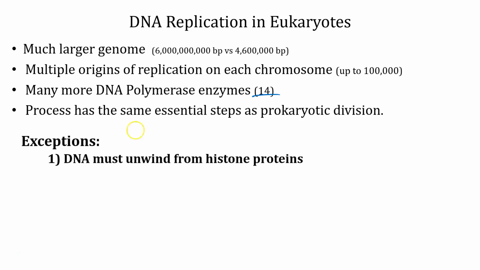One, the first thing that needs to happen in eukaryotes is that DNA has to unwind from the histone proteins. Remember, in a chromosome of a eukaryotic cell, all of the DNA is wound around these little balls of histone proteins, and that's called chromatin. A chromosome is literally just DNA wound around chunks of protein, to help it package and condense better.